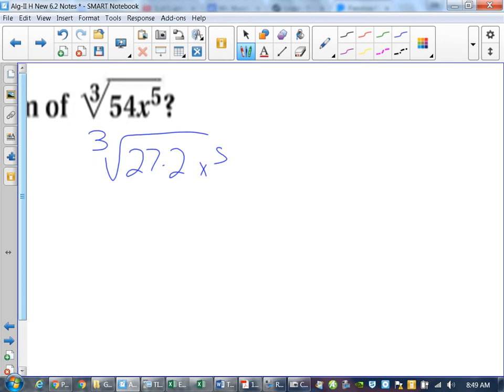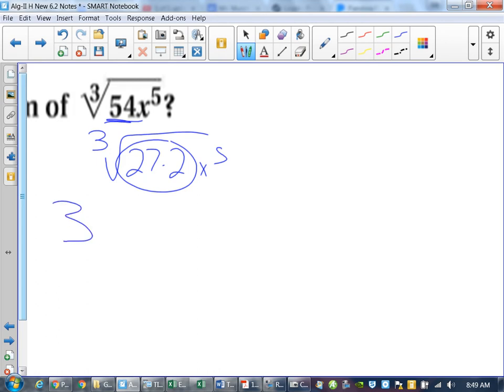What's the perfect cube that's hiding in the 54? Remember how we would find perfect squares that are hiding? We do the same idea. So you take out the 27, you get 3.